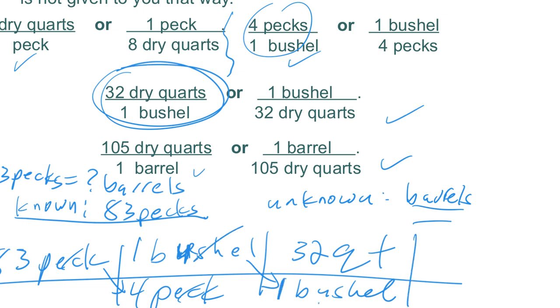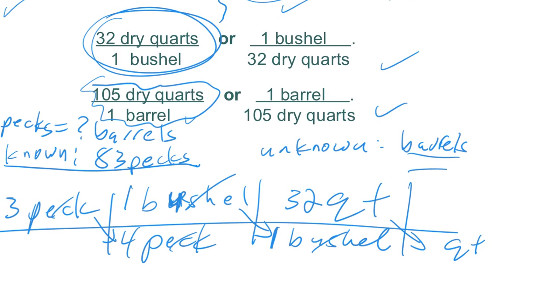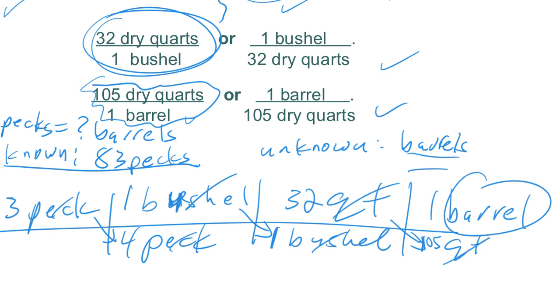So bushels have canceled out. I bring down quarts and I'm trying to get to barrels. Is there a conversion factor from quarts to barrels? Yes, right here. 105 quarts is 1 barrel. And I'm done because everything canceled out except barrels.